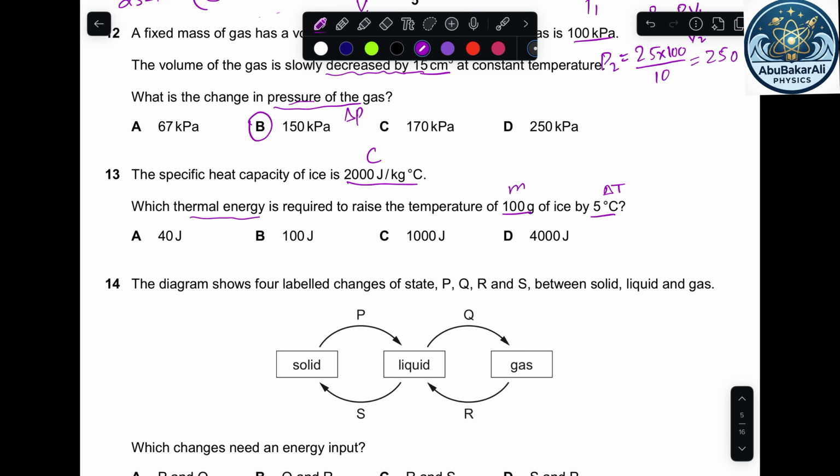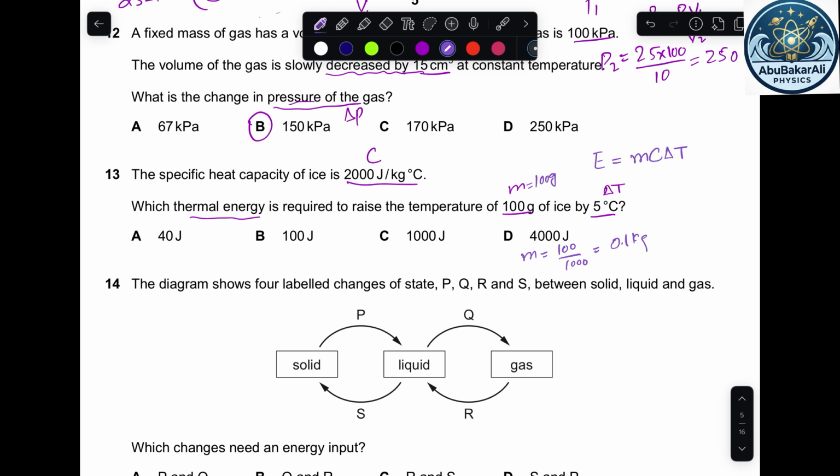For specific heat capacity, the formula is energy E equals mc delta T. First we have to convert the mass of 100 grams by dividing by 1000 to get kg.